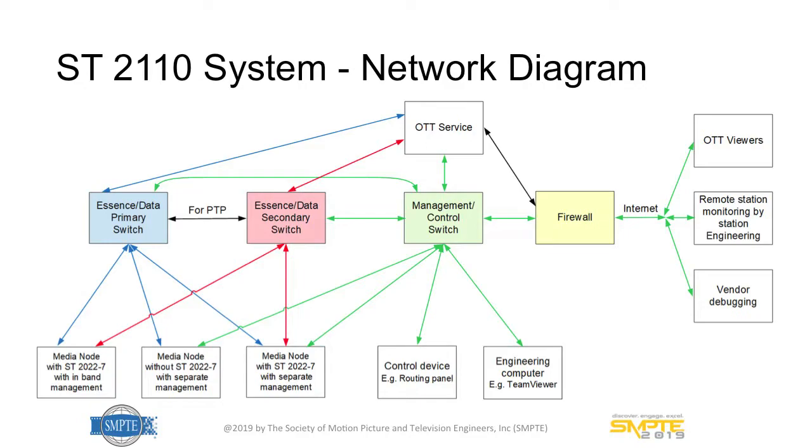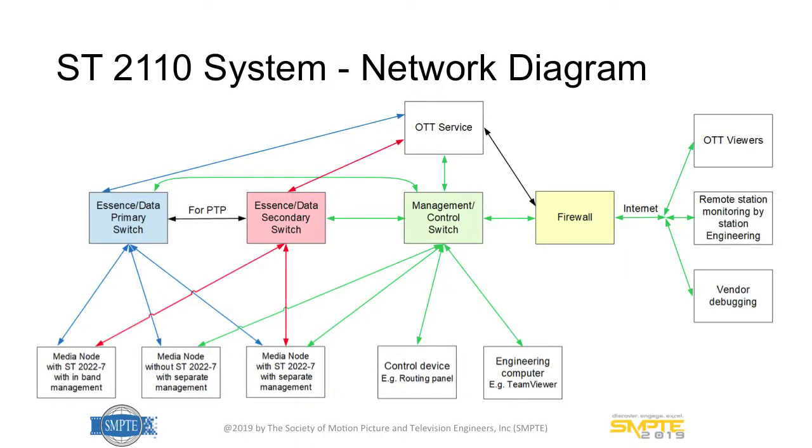As we move out, possibly to the internet, you might have OTT connections. You may have the ability for your station engineers to log in remotely and see the status, so there might be connections there. And often with a lot of new systems, you may have some vendor debugging going on. Using something like a TeamViewer computer, vendors can log in from the outside, which from a flexibility and debugging point of view is a very cool thing, but from a security point of view, this just adds more ways that people can attack and get into your system.